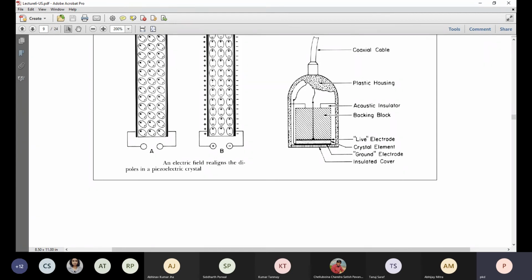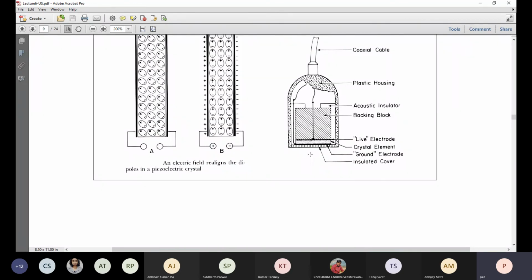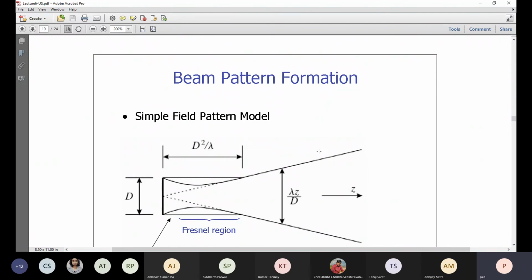But the size of the ultrasonic probe is much higher than the wavelength. So in such cases, the front end of the source needs to be modeled as multiple point sources. Had it been a single point source, there would be diverging beam patterns in a cone.